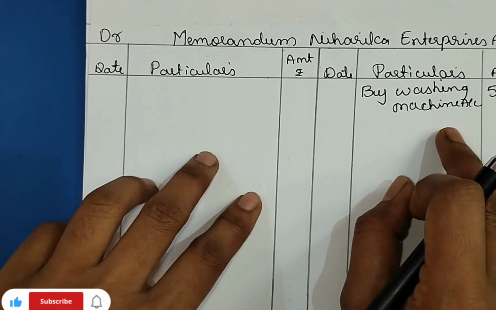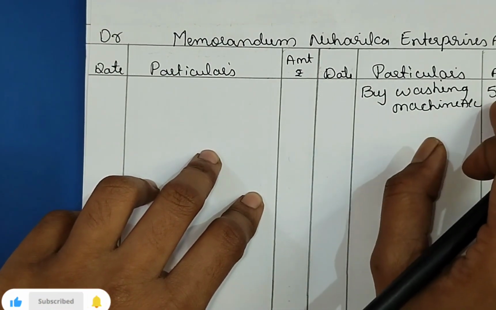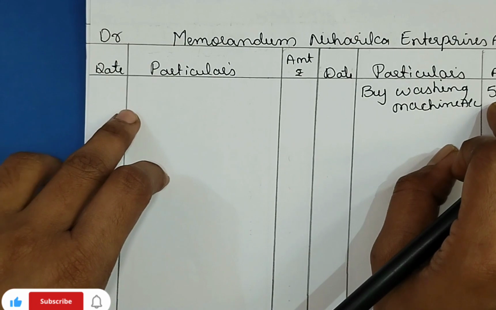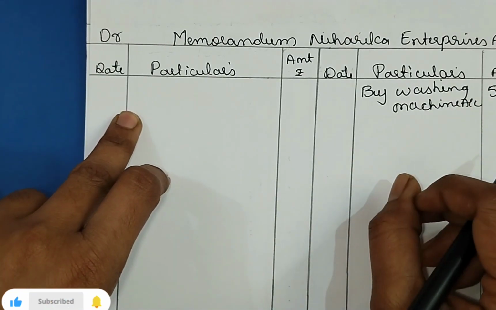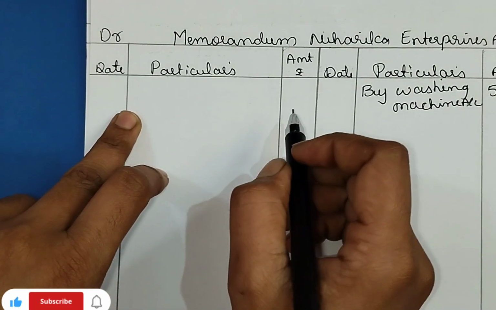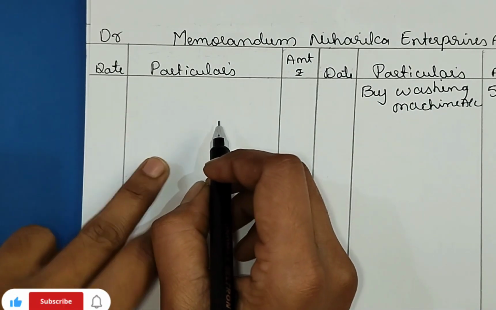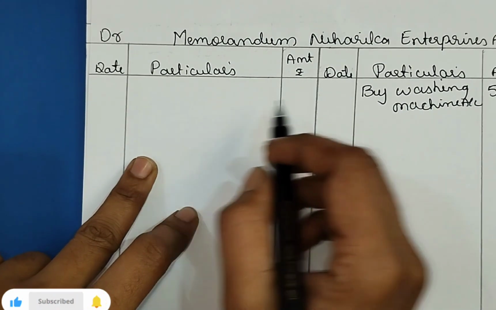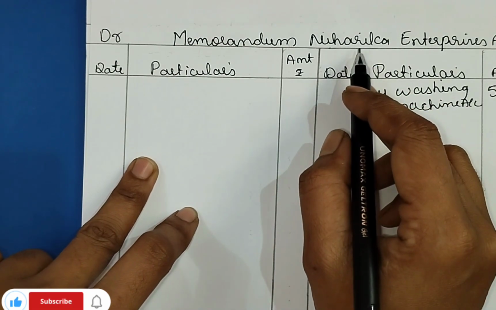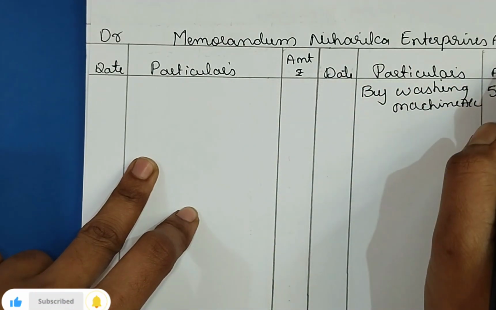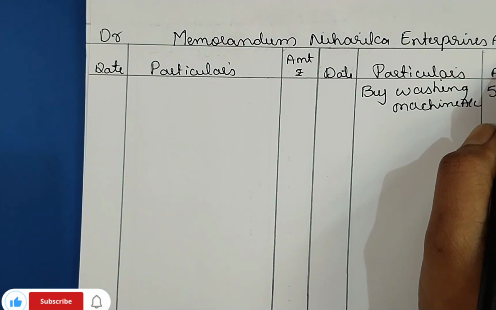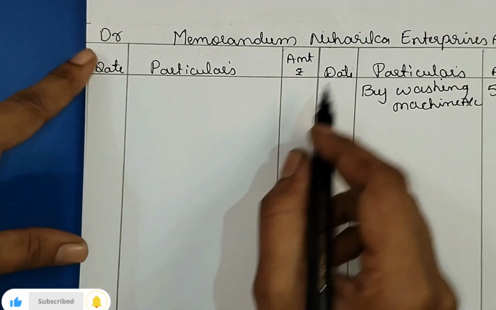The next entry is she is ready to sell this machine, and while signing the agreement, she received rupees 10,000 as a down payment. What is the entry for down payment? Debit the receiver. So Niharika Enterprises account debit to bank account.